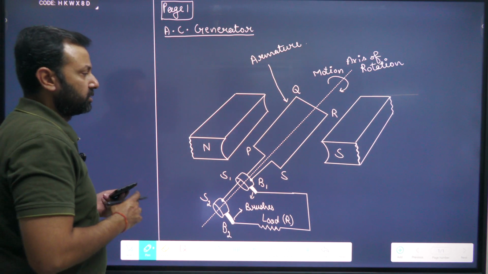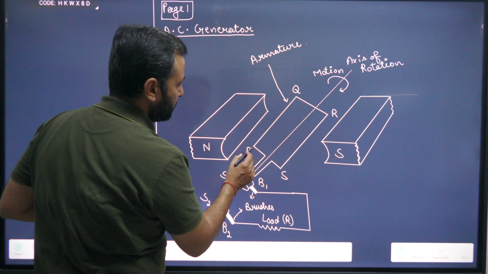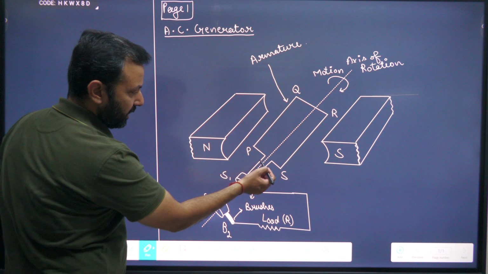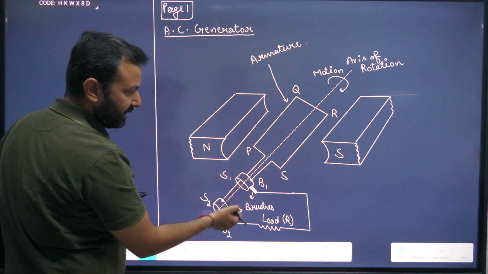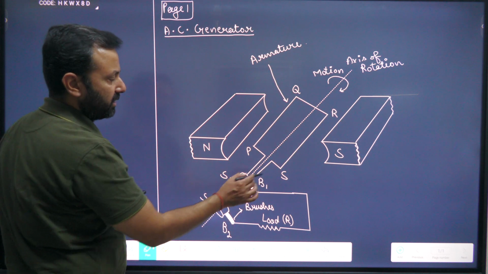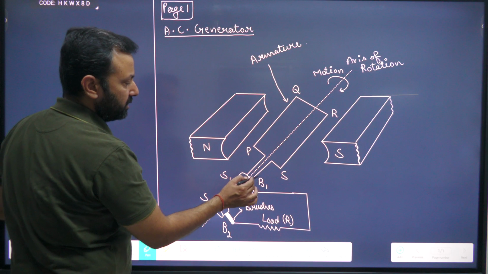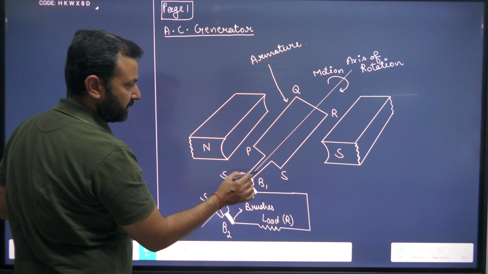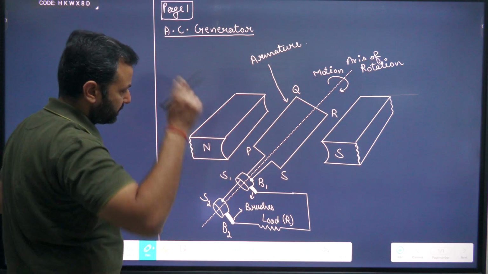The P side is connected to slip ring S2, going from inside S1 but not touching S1. The S side is connected to slip ring S1.